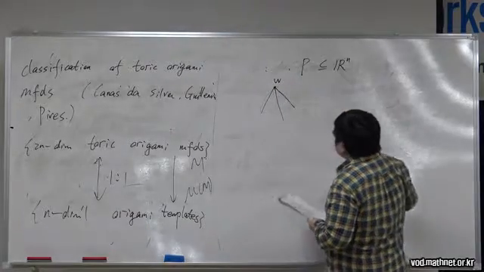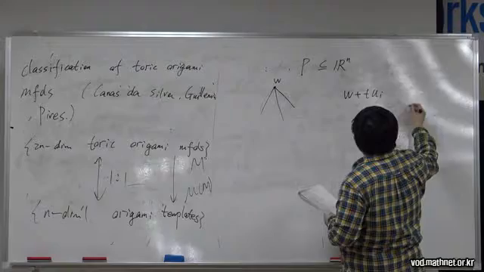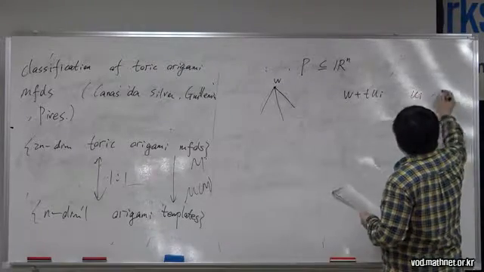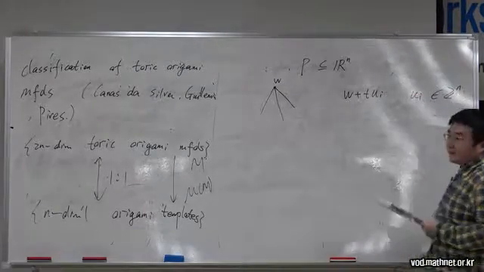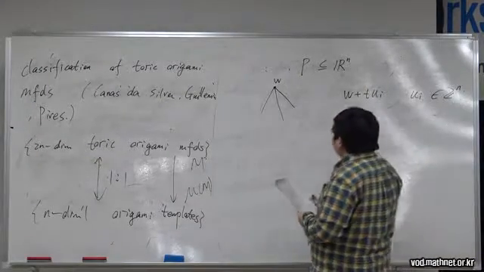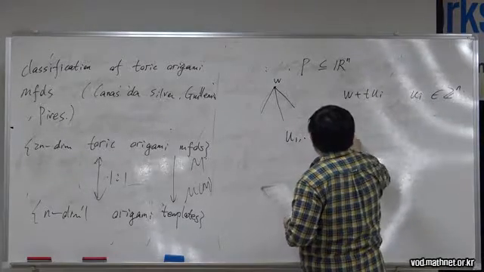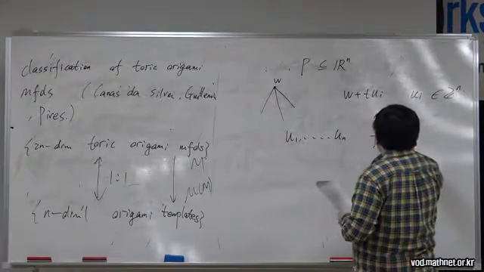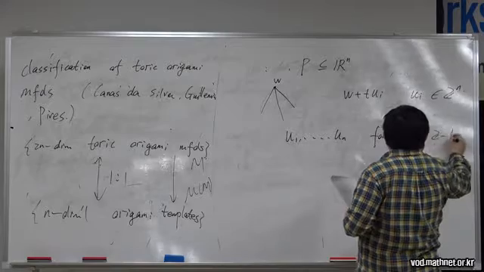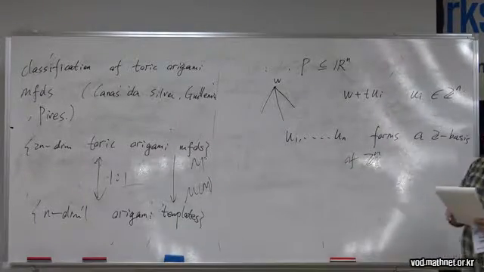At the vertex w, the edge has this form. We require u_i belongs to Z^n if you take the standard basis on R^n. And it is called non-singular if u_1 to u_n form a Z-basis of Z^n.